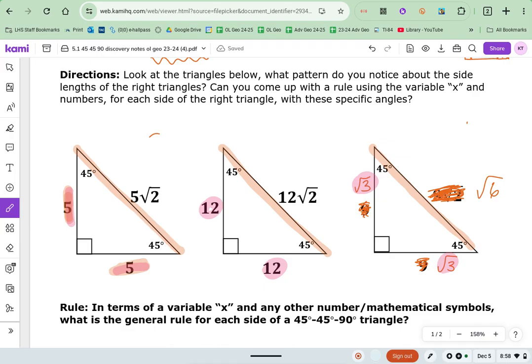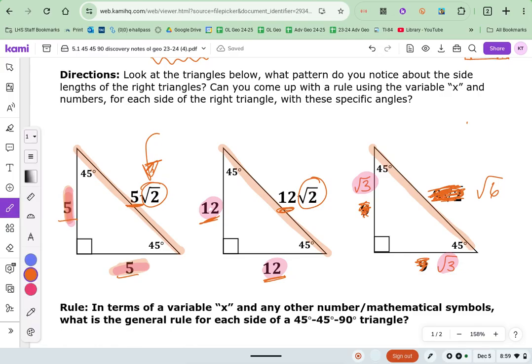And then what do you notice about how we get the hypotenuse based off of the leg? Well, on this first one, it's easier to notice because we have 5, 5, 5 times square root of 2. On the second triangle, we have 12, 12, 12 times square root of 2. On the third triangle, we have root 3, root 3, root 6.